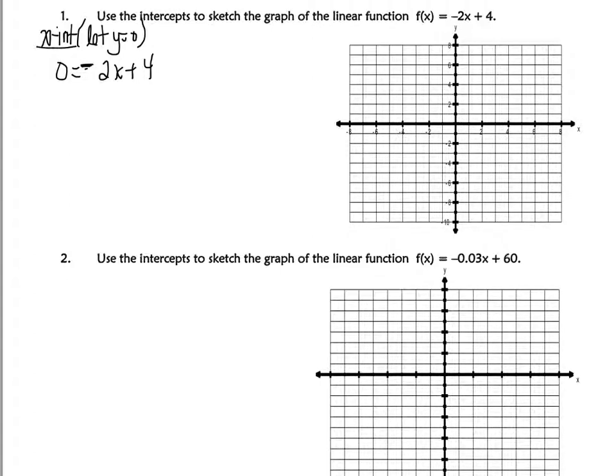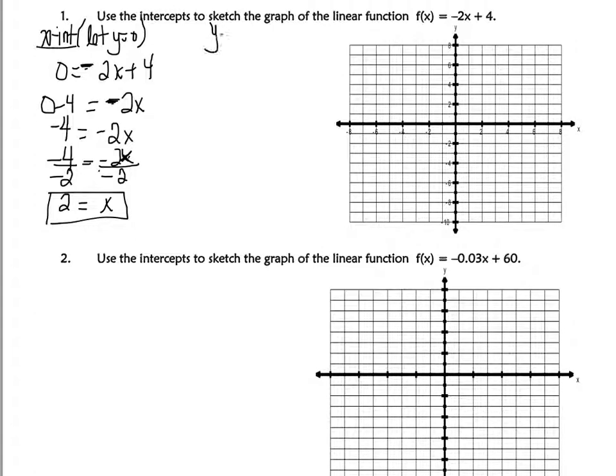So then 0 minus 4 equals negative 2x. You want to get the x term by itself. So that's negative 4 equals negative 2x. And then you want to get the x by itself, so you're going to get rid of that negative 2 by dividing it out of both sides, which is going to give you 2 equals x.